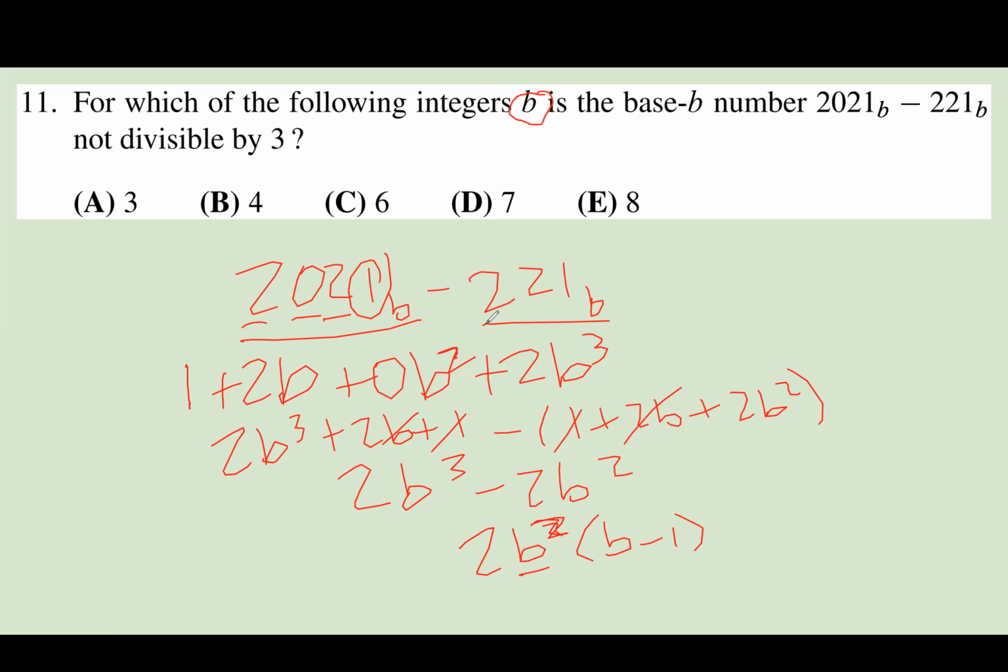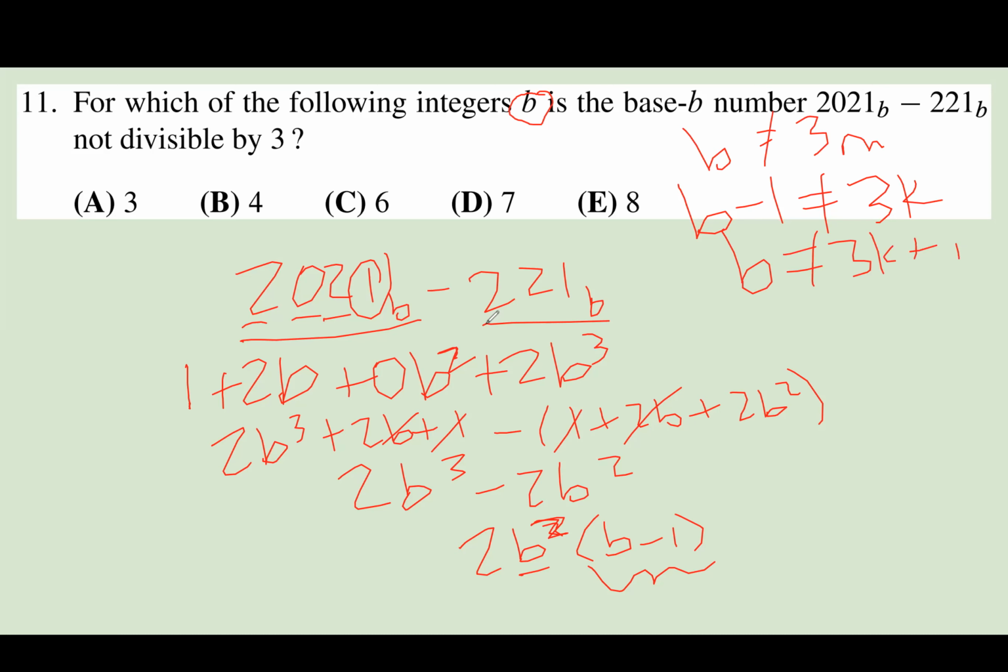And at the same time, b minus 1 can also not be a multiple of 3. So b minus 1 cannot equal, let's say, 3k, where k is an integer. And b itself can also not equal, let's say, 3 times m, where m is some integer. But the second one tells you that b does not equal 3k plus 1.